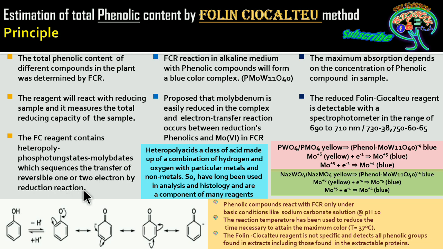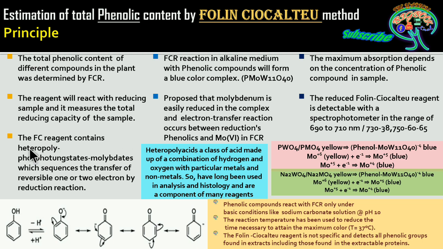So here you can understand this is the main mechanism behind the reducing capacity of the reducing samples or the components like the phenols or the polyphenols with the FCR. Because of the presence of particular hydrogen and oxygen with particular metals and non-metals, this heteropolyacid is a cluster of the acids.